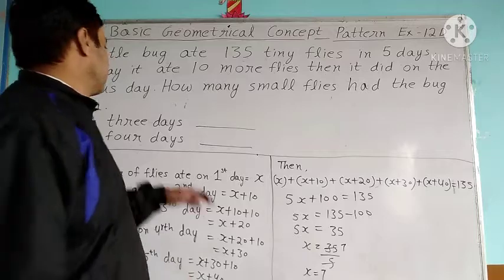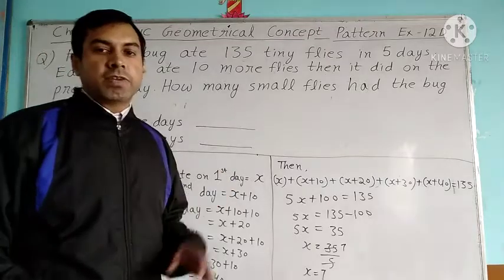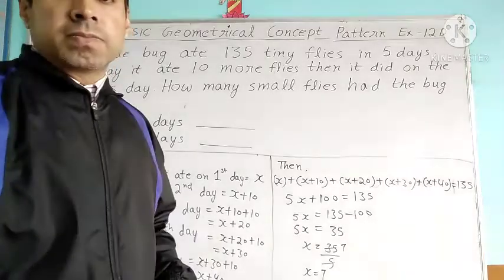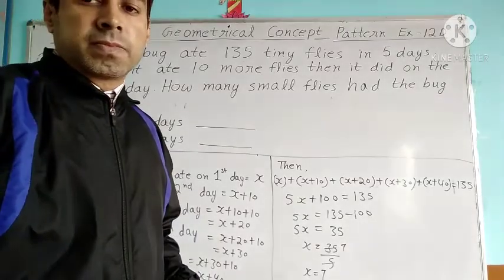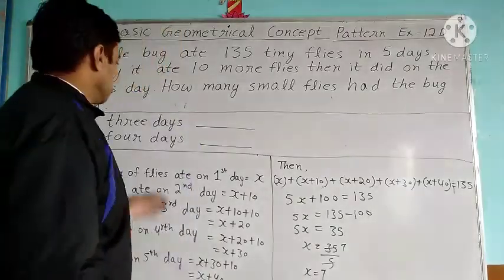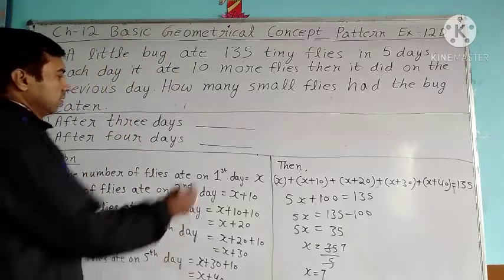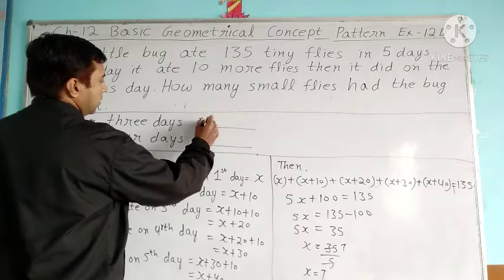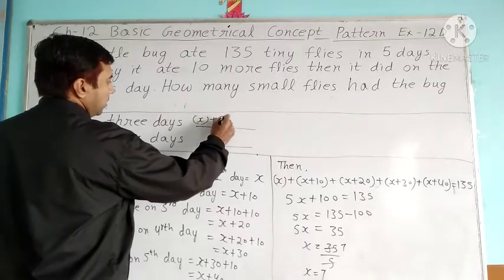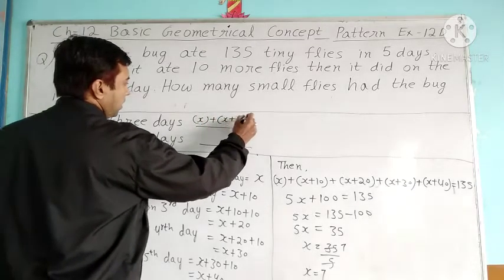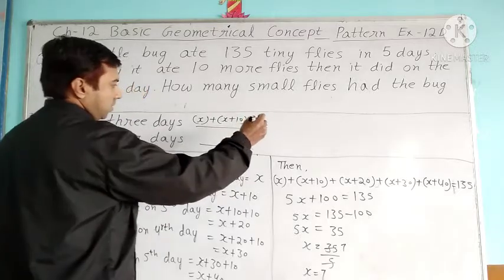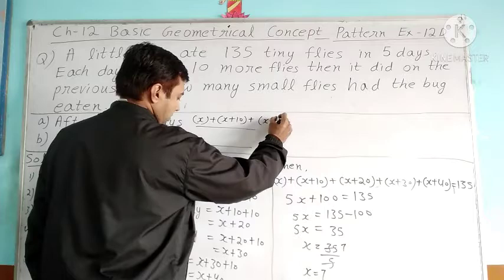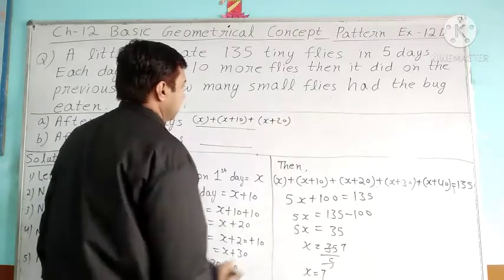Now students, the question is asked after 3 days and after 4 days. What do we do? So students, after 3 days, see here, x plus x plus 10 plus x plus 20.